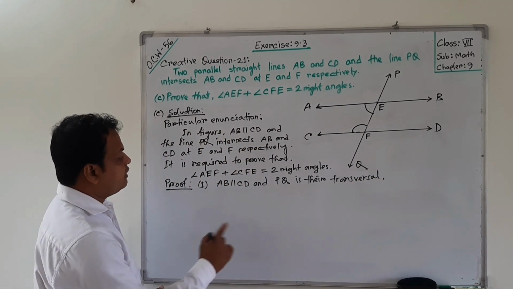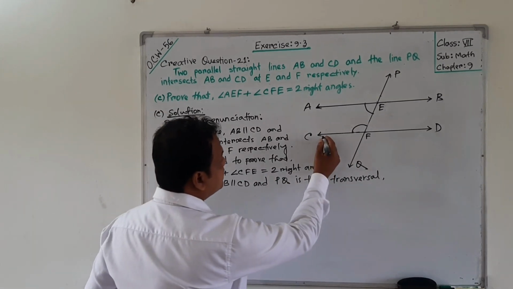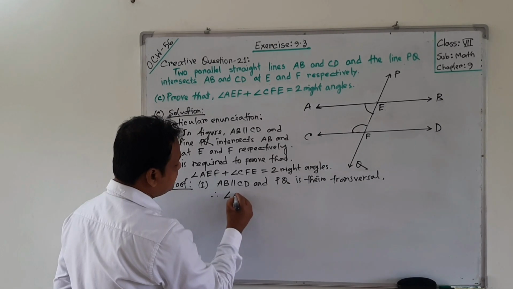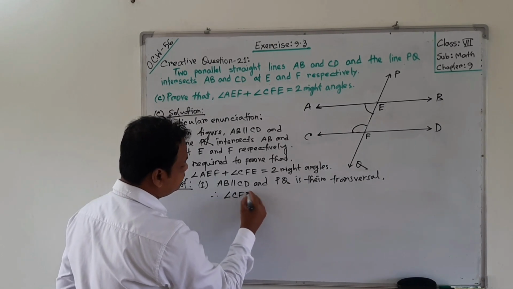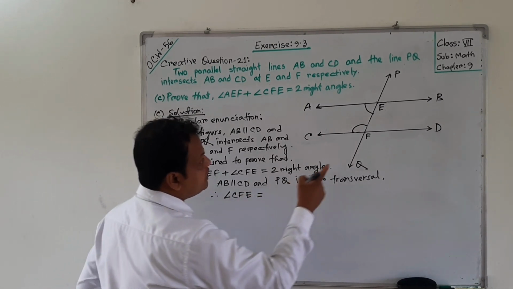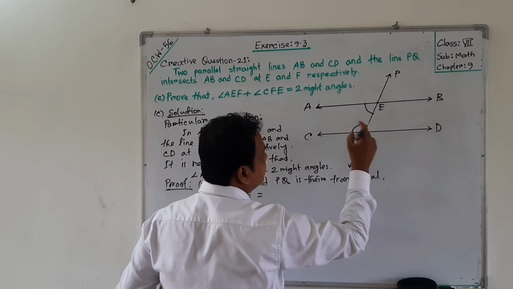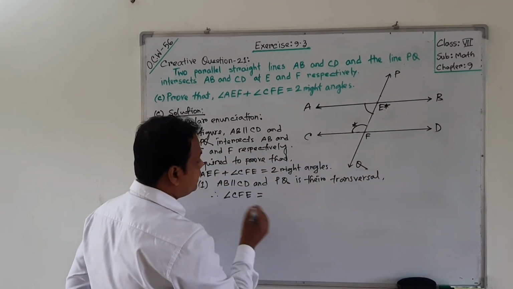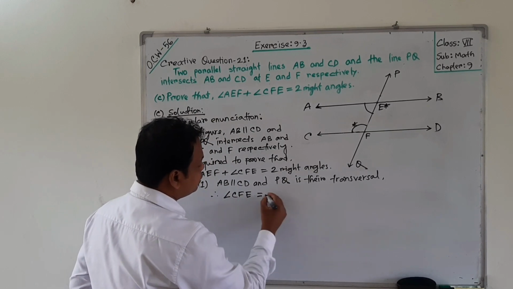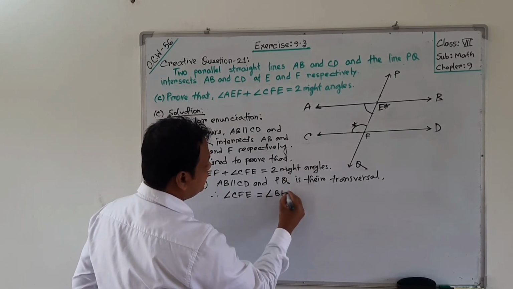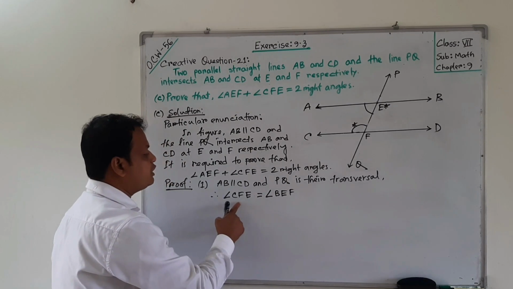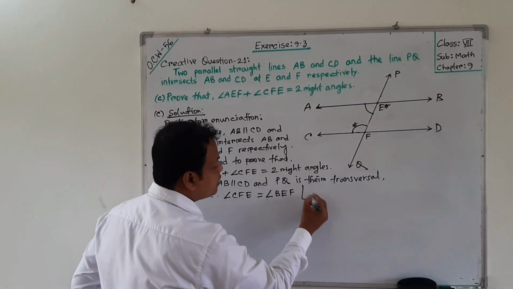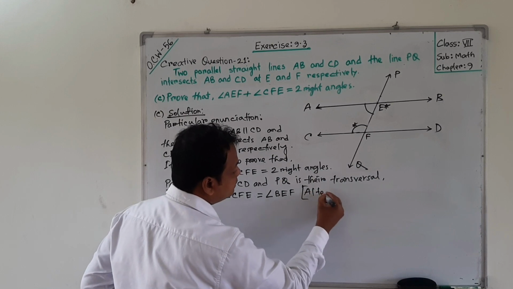So we can get angle CFE equals angle BEF. This angle and this angle will be equal, because they are alternate angles. Alternate angles are equal.